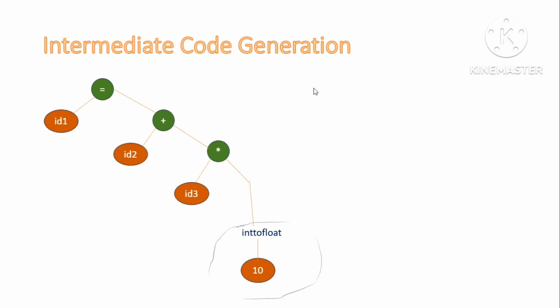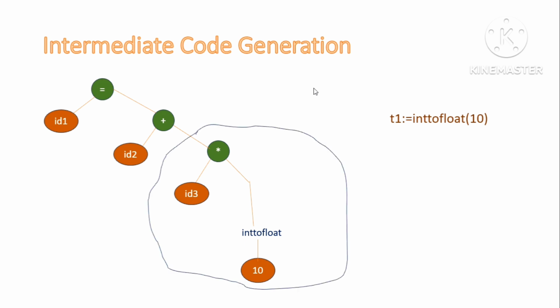So now what happens is, this int to float is applied on 10, and then T1 will have the value 10.0. Now when we move to the top, we have star here. It should be performed with the converted value of 10 and ID3.